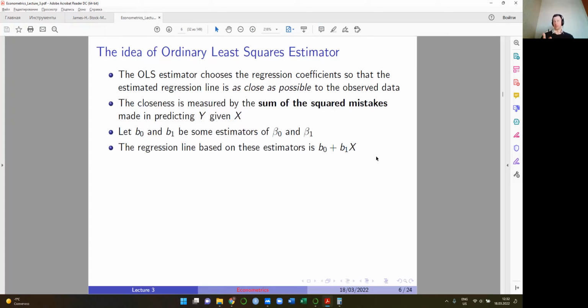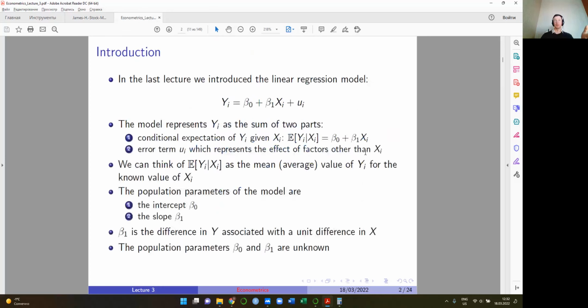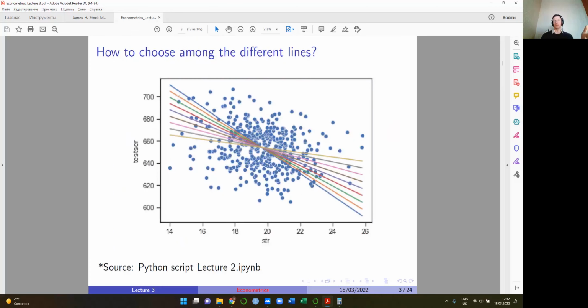So that's a regression line when we put into the linear regression these two numbers, b0 and b1, which are our guesses. And that's exactly this regression line, b0 and b1, exactly represents what you have seen here. So these 1, 2, 3, 5, 10 lines, they all have different b0 and b1, different values of these two estimates.